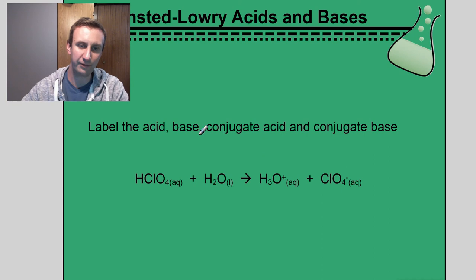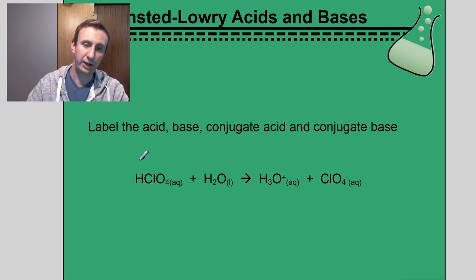We're going to be doing a lot of this over time. Here's another question where we're going to label the acid, the base, the conjugate acid, and the conjugate base. So try it out, see if you can label it, and then also label the pairs by drawing lines to show them. So HClO4, this is going to be my acid because it is giving a proton to water. That makes water a base as a proton acceptor.